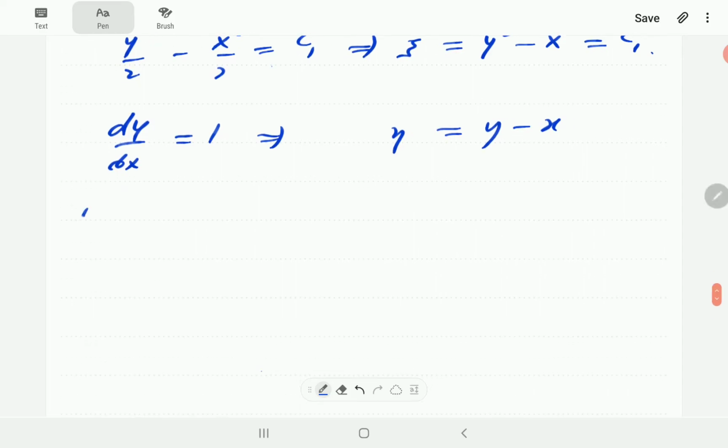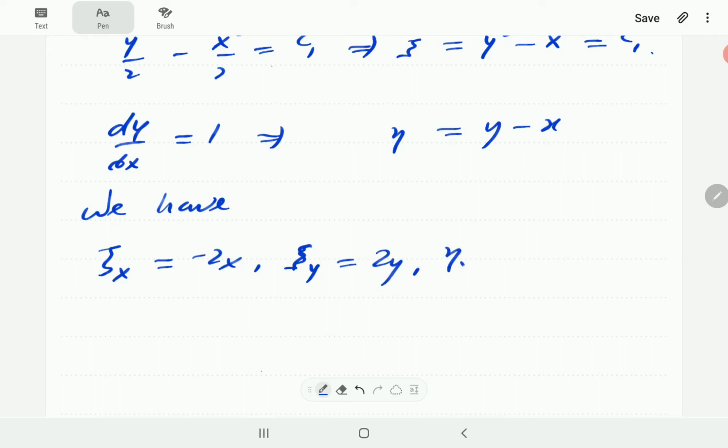Then we check for the Jacobian again. So xi x is minus 2x, xi y is 2y, eta x is minus 1, eta y is 1.